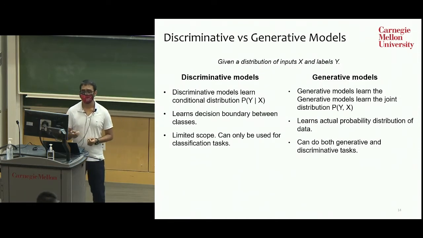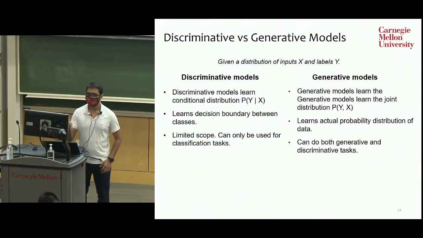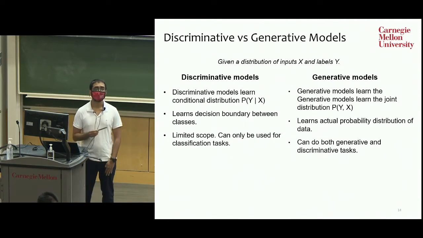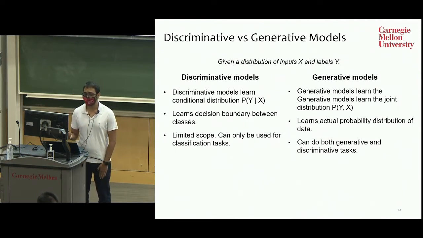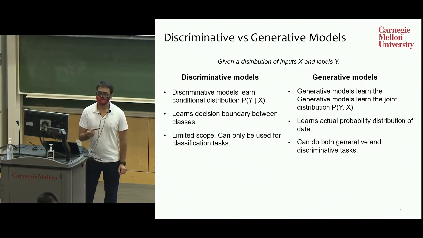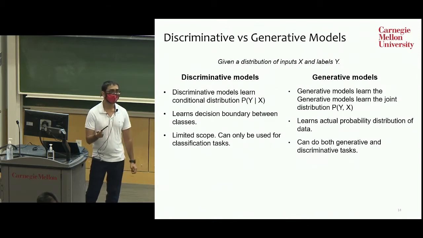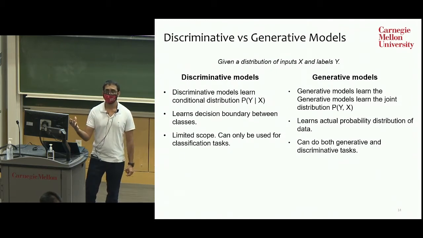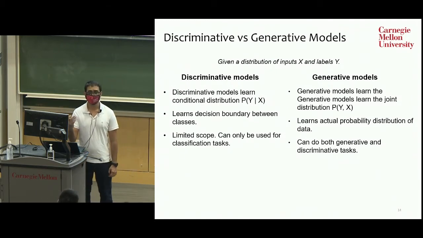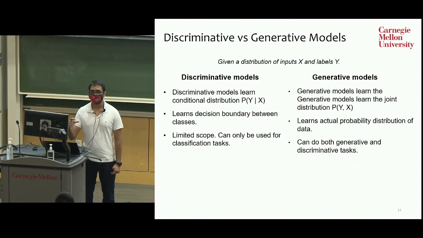So the discriminative model learns the conditional probability. It learns the boundary between the classes: given an input x, you are trying to predict that this image belongs to a particular class.